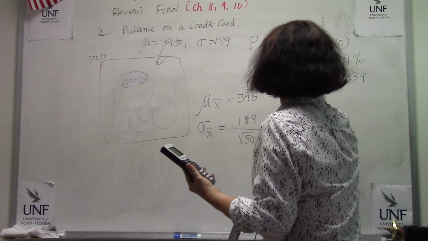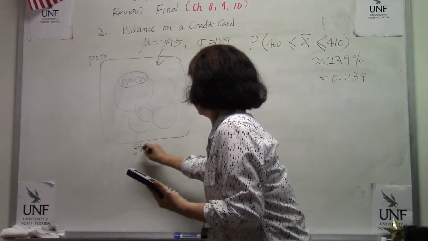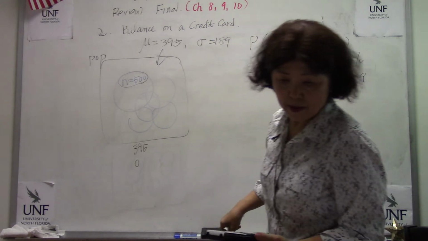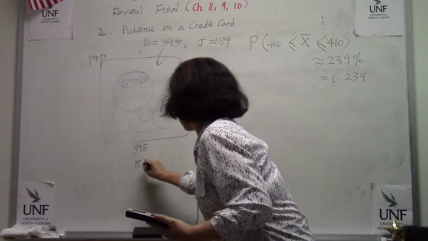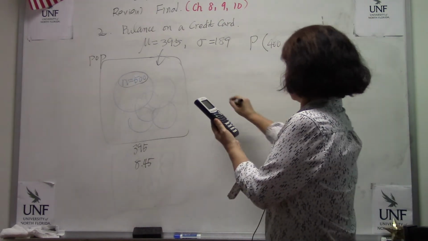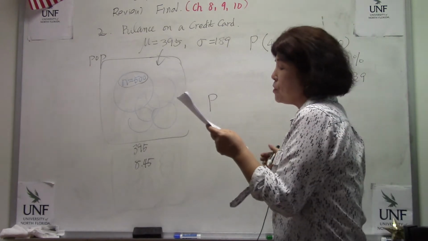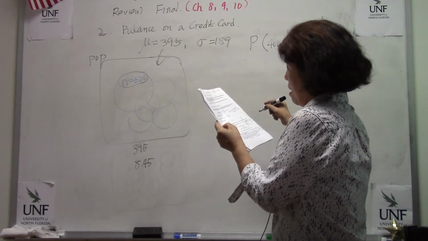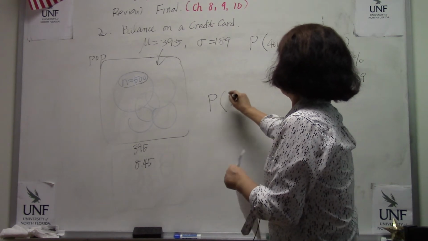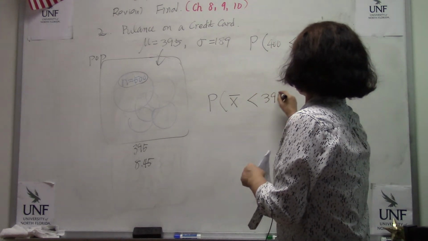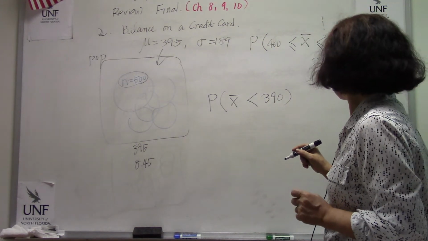The next one is 395, 8.45. Okay. So next one is the probability that the sample mean is less than 390. Sample mean is less than 390. Okay? So what are you going to say?